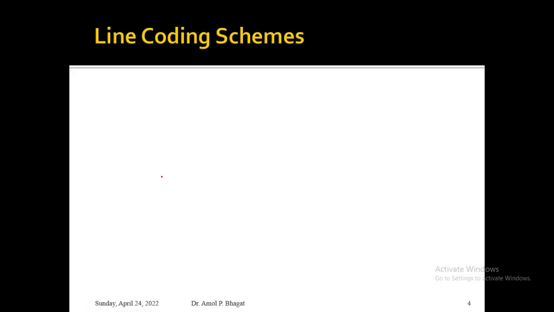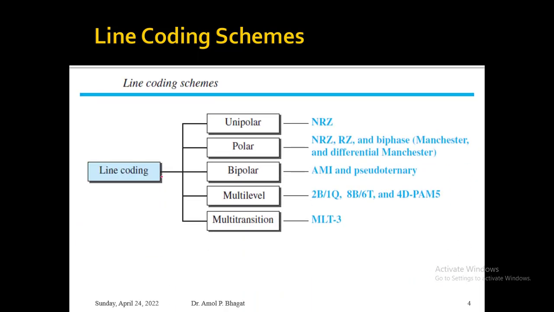So first we'll see what the different line coding schemes are. Basically, line coding schemes are used to convert digital data into a digital signal. Okay, so what do you mean by digital data and what do you mean by digital signal? We'll shortly see it. So these are the different line coding schemes. Specifically, line coding schemes can be categorized into these five categories.